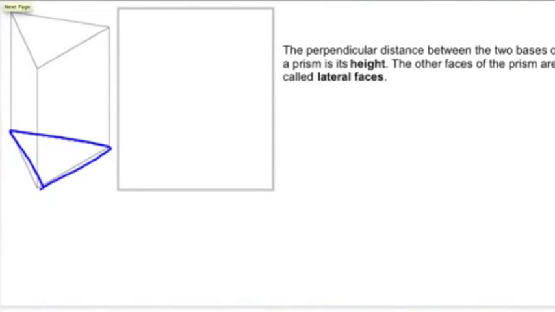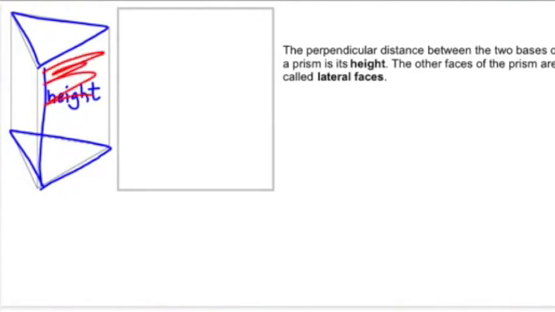So the perpendicular distance between the two bases of a prism is its height. So from the first triangular base to the second triangular base, that distance is the height. And then the other faces of the prisms are called lateral faces.